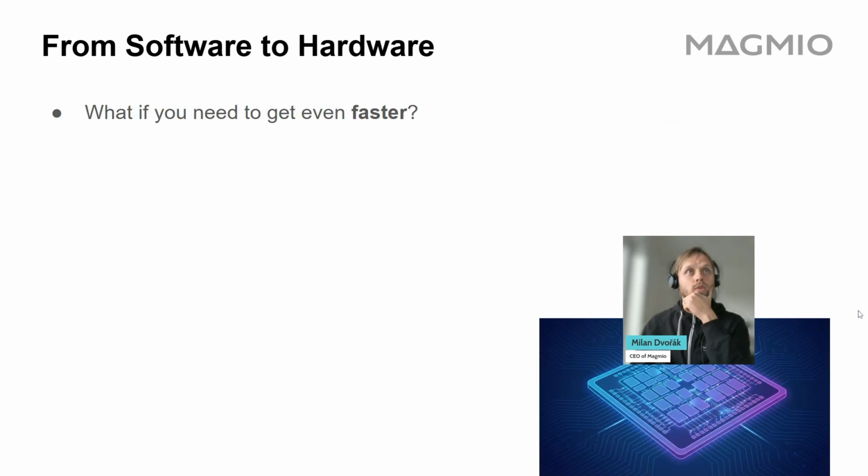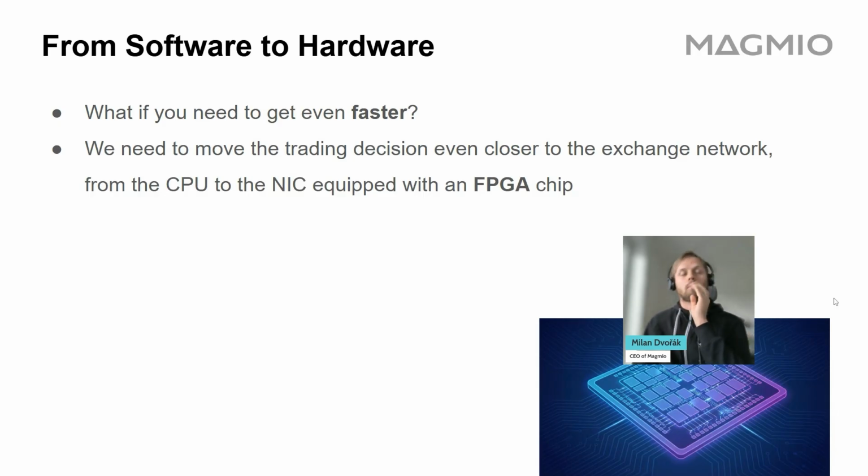Now, what if that's still not enough? What if you're in microseconds, but your competition is still faster, and you're losing on some of the opportunities? Well, then we need to move even closer to the exchange network.